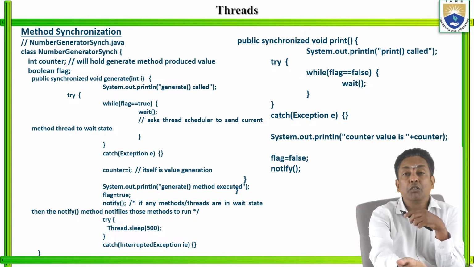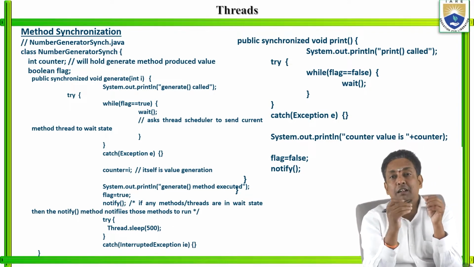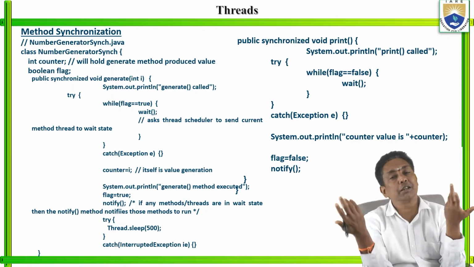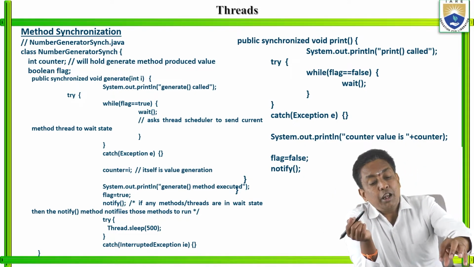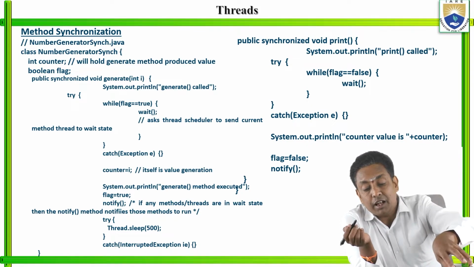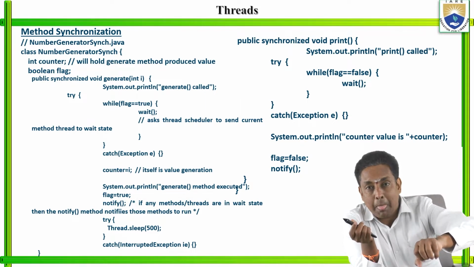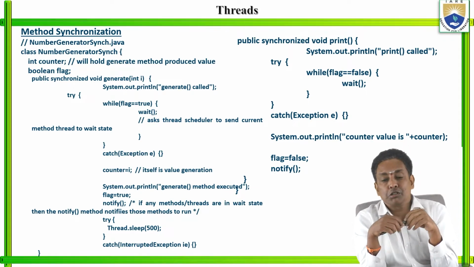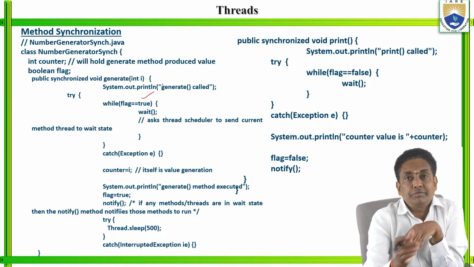Then again 0, the first method. Or take one character variable: char ch equal to A means one method, B means another method, C means another, D means another, and so on. So by using an integer or character value, we can control the synchronization of more than two methods also. It only lies in checking the condition here.